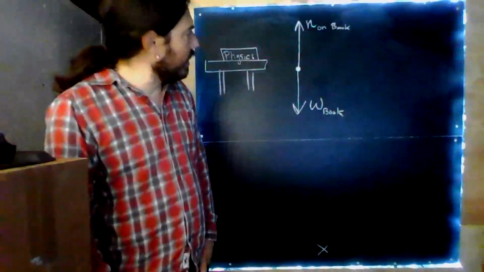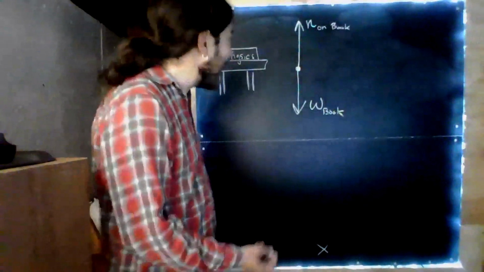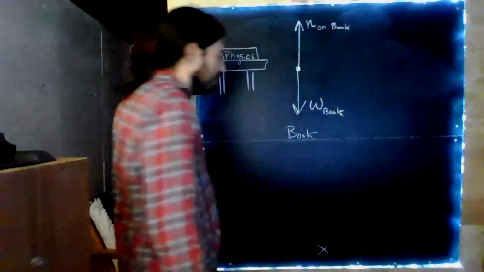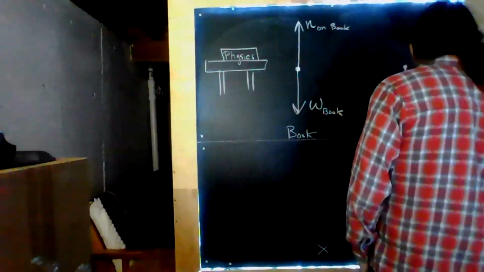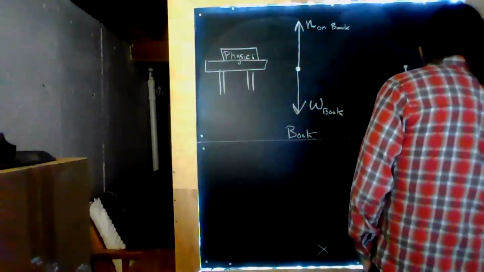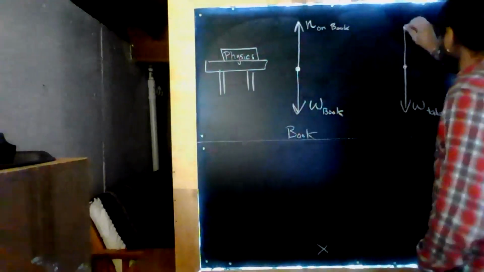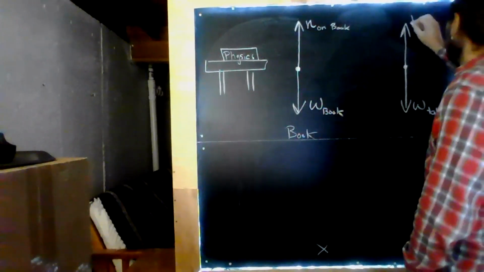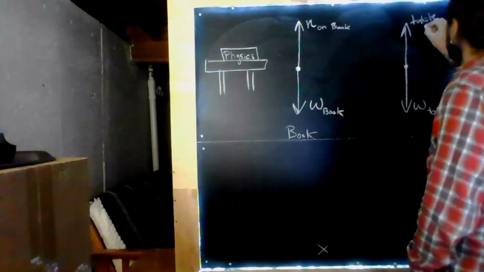Well, we could do a free body diagram, I guess, for the table. So this is for the book. For the table, what would we have? Well, we'd have the weight of the table. Well, the table certainly pushes on the book. So let's just call that table on book.